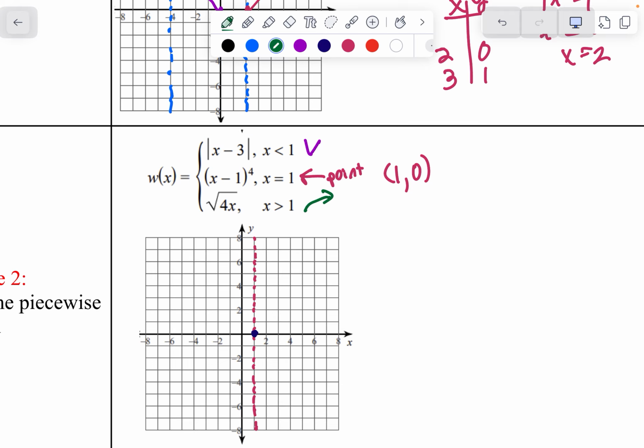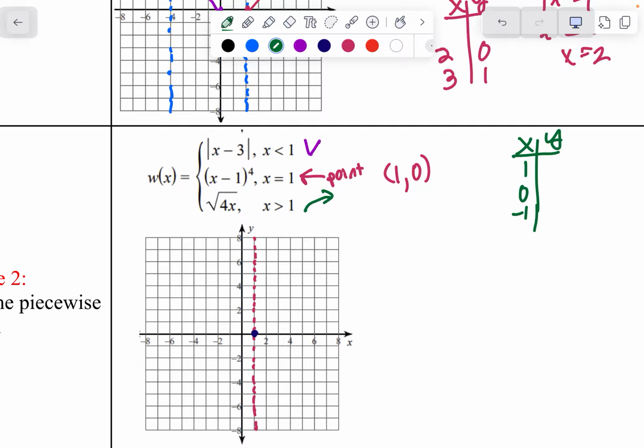The V on the top is for values less than 1. Now, normally it's a V that has scooched over to the right 3 and looks like this. But we can only use the V that is less than 1. So even though we're not allowed to plug in 1, I need kind of a spot to put an open circle. So I would put in 1, anything to the left of 1, less than 1, like 0 and maybe -1.